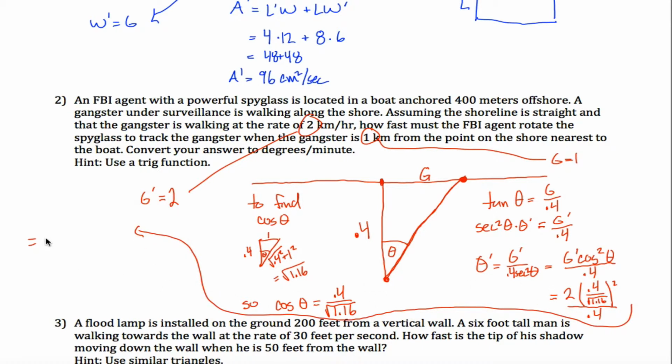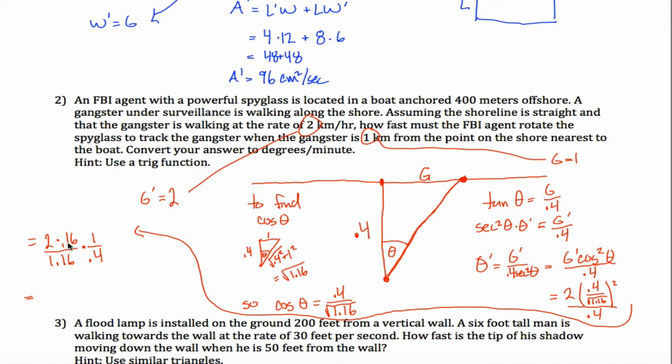Okay, so I got my 2 from this 2. I square this whole thing, and I get 0.16, I guess would be one way I could write this. So 2 times 0.16 divided by, and then 1.16 square root squared just gives me 1.16. And then I want to multiply that by 1 over 0.4. I bet I could simplify that.